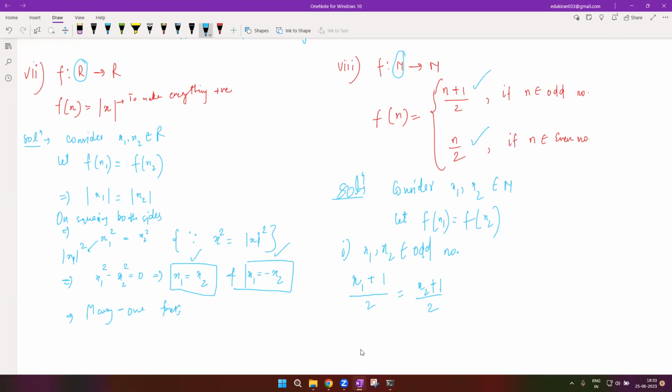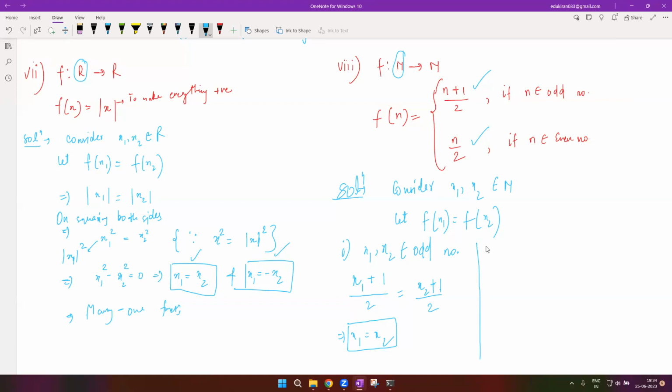You can cancel out 2, 2. You can cancel out 1, 1. So the only solution left for the first part, in which x1 and x2 both are odd numbers, is x1 equals x2. So according to the first case, the given function is one-one.